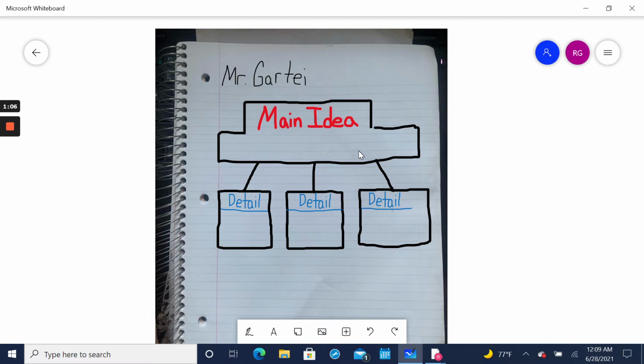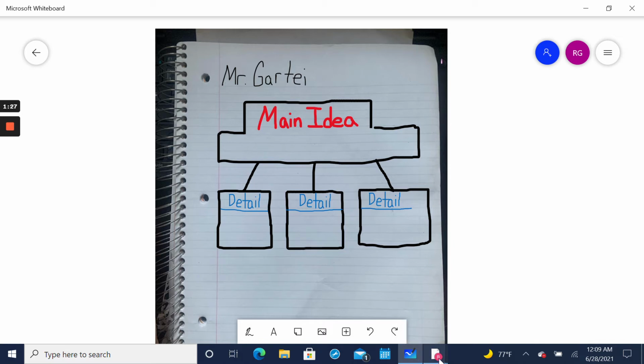A graphic organizer is a type of chart that uses pictures and words to help us put all of our information that we know from a story or an idea in a very neat way so that we can understand what we are talking about.